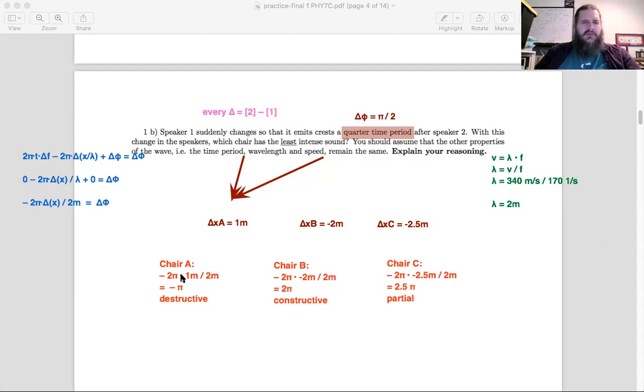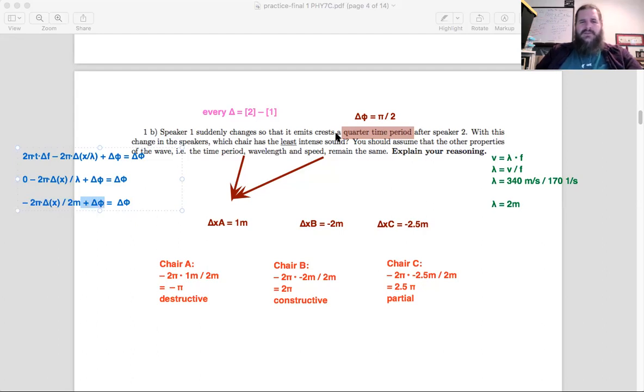And since we already did the calculations for the 2 pi delta x over lambda term, we're just going to have this extra term for the plus delta phi. We can keep everything else we've already got. We've got the negative 2 pi delta x over 2 meters. We already calculated that for each chair. We just need to add an extra plus delta phi to each one.